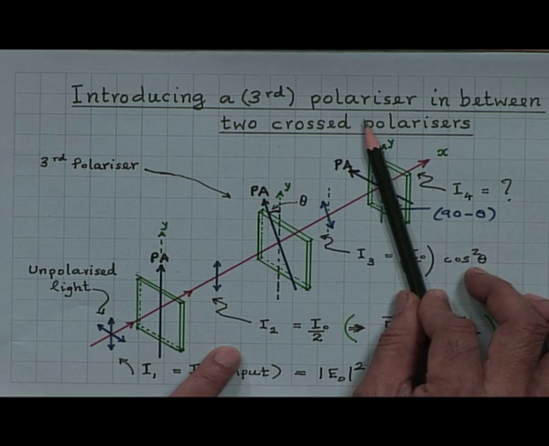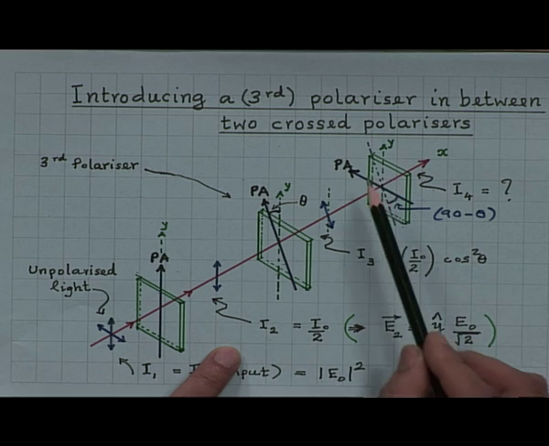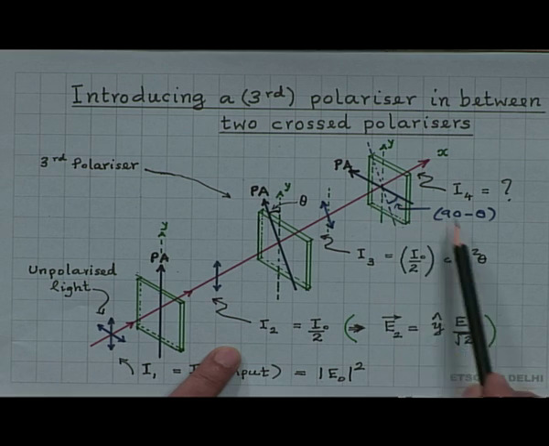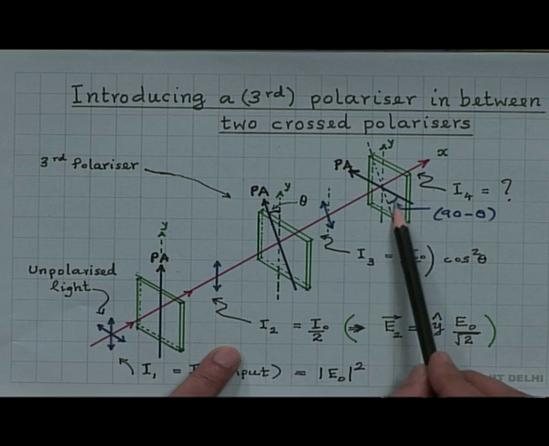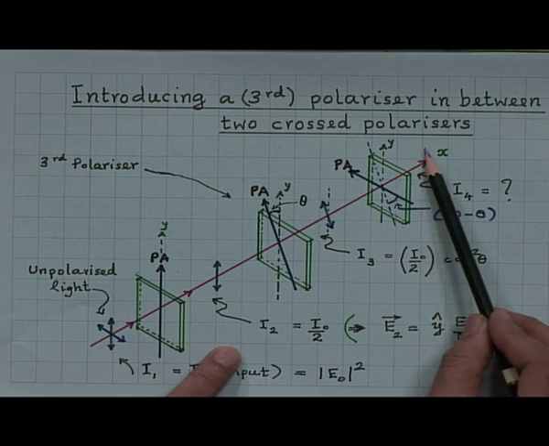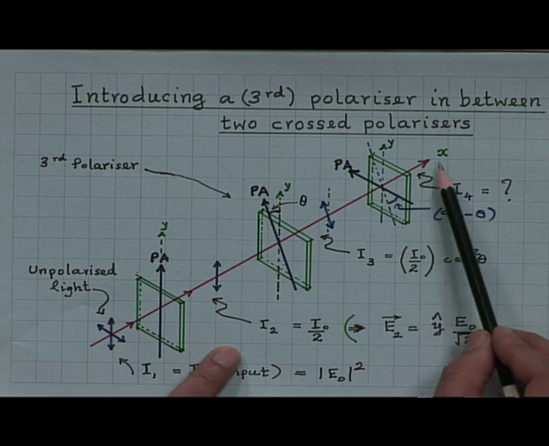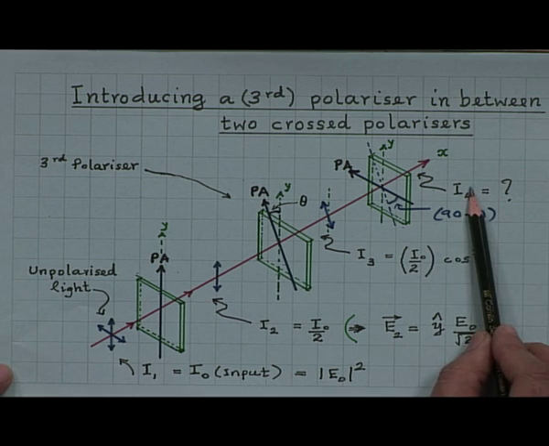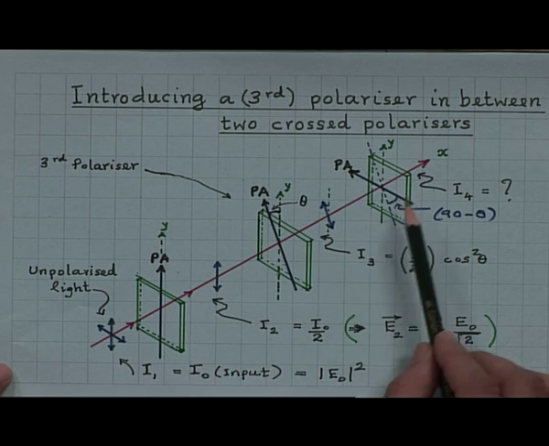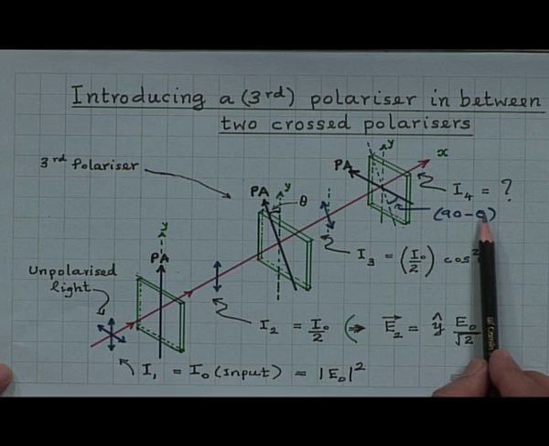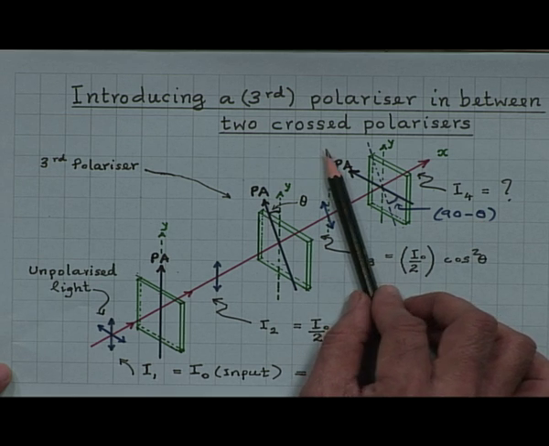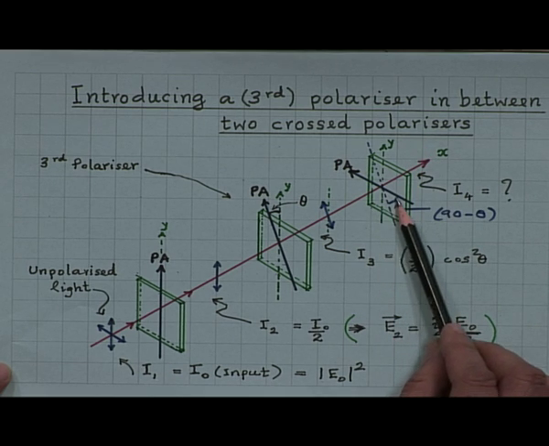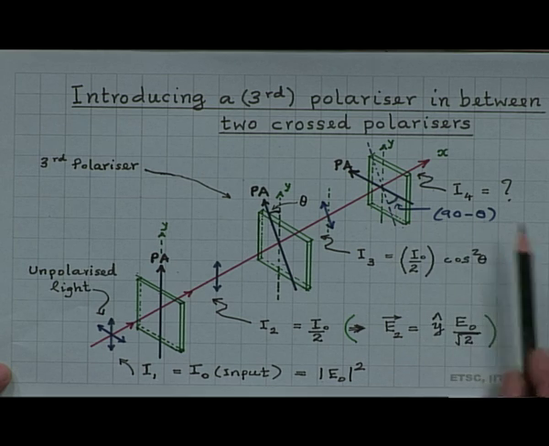When we come here, the angle between the plane of polarization and the path axis is 90 minus theta, and therefore, the intensity here, I 4 on the other side, will be equal to I 3 into cos square 90 minus theta. I 3 is the intensity here. The intensity here will be equal to I 3 into cos square of this angle, which is 90 minus theta.